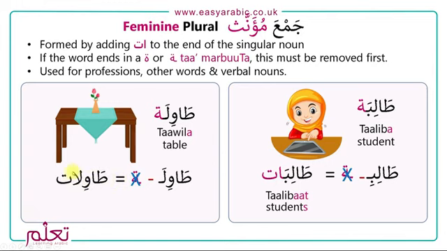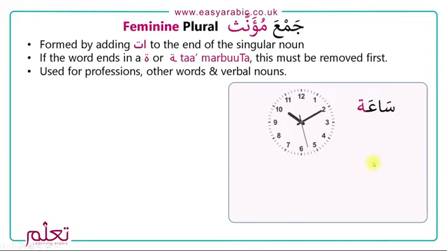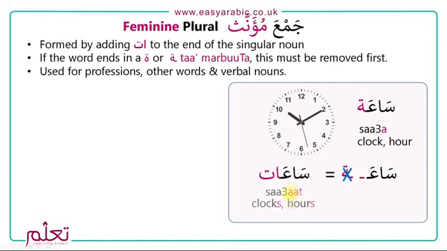So here we've got tawilat, which is tables. Next one we have sa'a, which is a clock or hour. We remove the ta marbuta and then we add the alif ta to create sa'at, which is clocks or hours.